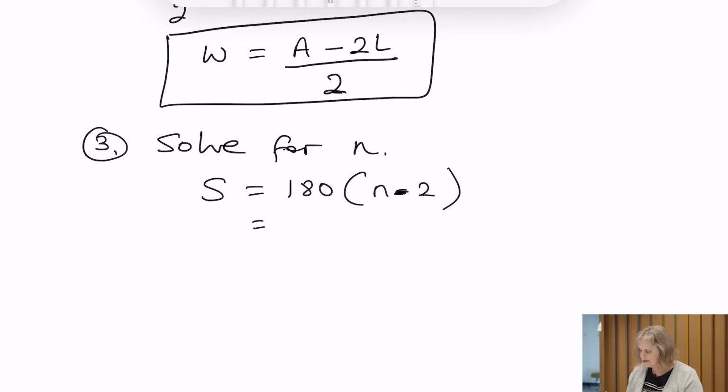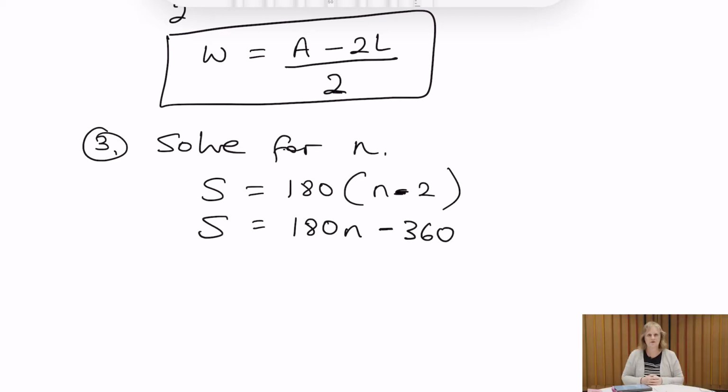The first method is where we've got brackets or parentheses, we're going to expand those. We recognise that we've got to multiply everything in the bracket by 180. So 180 multiplied by n gives us 180n. We've got to subtract here, so 180 multiplied by negative 2 gives us negative 360.